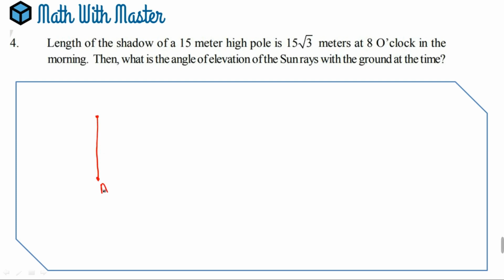So we will name this as AB. AB is our pole, and this is 15 meters. And there is the sun over here. The ray of the sun is making a shadow over here, which is 15 root 3 meters.